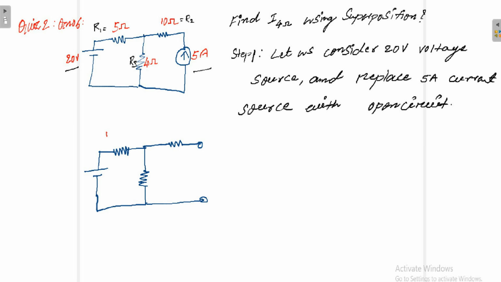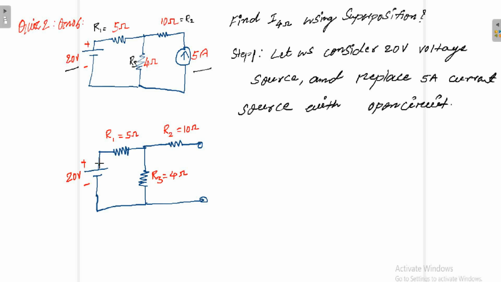So this is your R1 5 ohms, R2 10 ohms, R3 4 ohms, and plus or minus 20 volts. If you observe here, this branch is open circuited, so the current through this 10 ohms is 0.